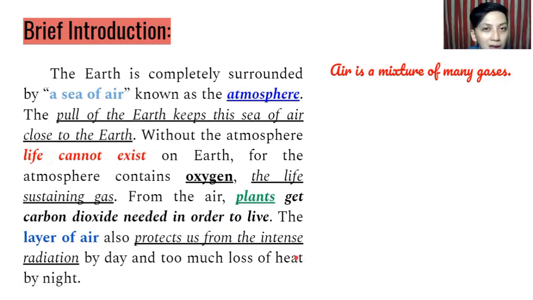Nagsuserve siya as a covering from the direct heat of the sun. Without this layer of air, our atmosphere, maybe we would get burned because we are the third planet away from the sun. It lessens the heat of the sun when it passes through the atmosphere.